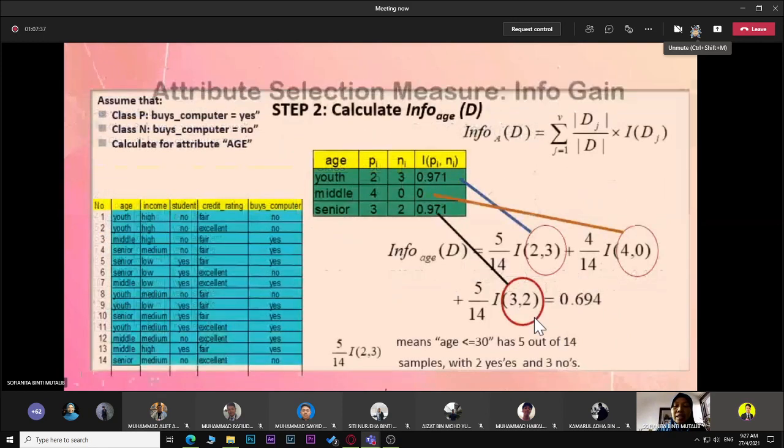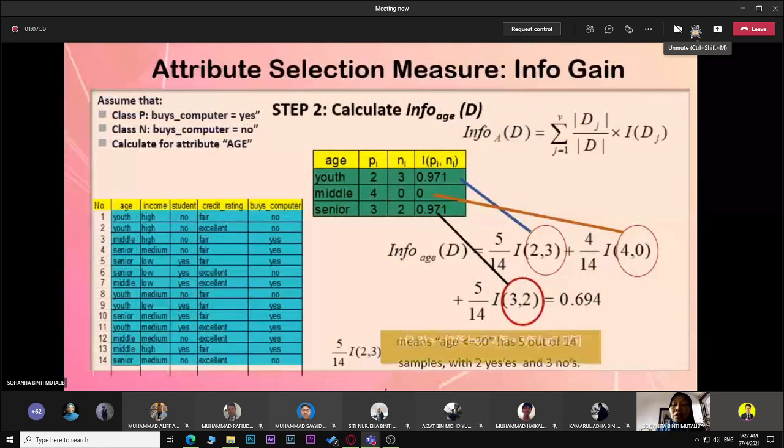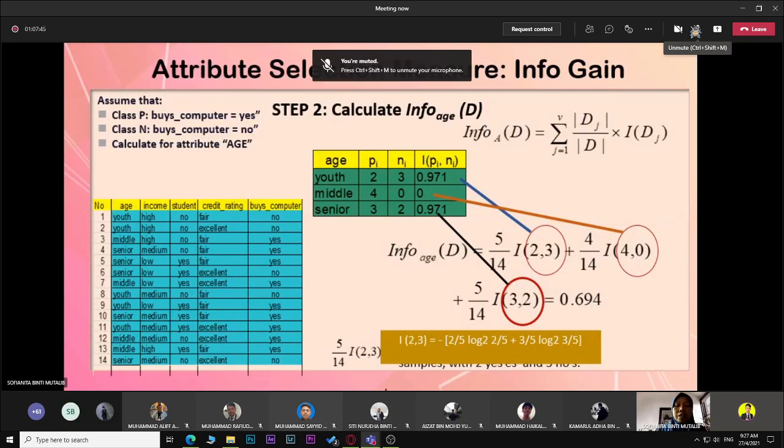Next one is the information of attributes. Excluding the class label, how many attributes do we have? 4. Good. We have age, income, student, and credit rating. So we have to repeat step 2 for each of the attributes.